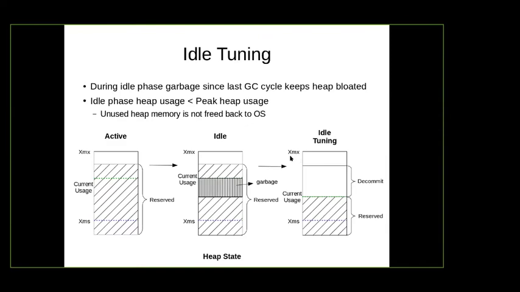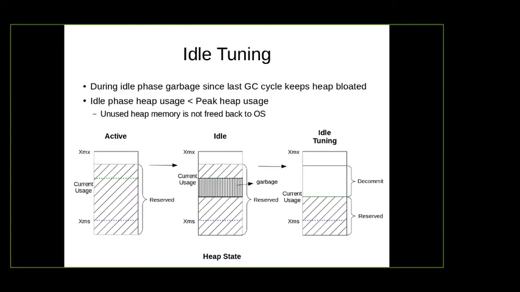Yeah, thanks, Ashu. Okay. So in this slide, I'm depicting the heap state during active and idle cycle. During the active state, you can see there's the Xmx value, which is the maximum size your heap can expand up to. At any given point in time, your JVM would have reserved some amount of space.